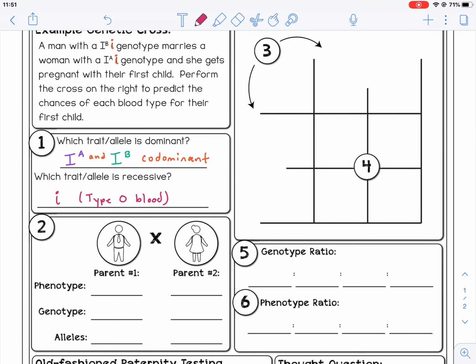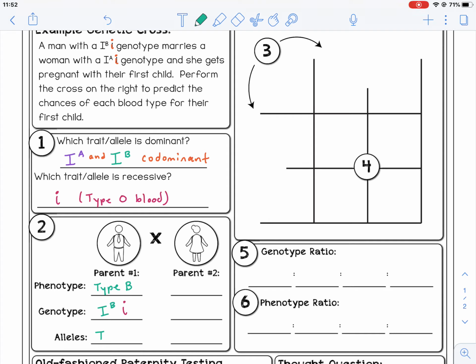Okay, so let's go back to the problem. It says that a man with IB little i genotype. So let's fill that in. He is IB little i. So if he's IB little i, and we know that IA and IB are codominant with one another, but that little i is recessive to both of them, that means that if this man has an IB and a little i, then his phenotype is that he is going to have type B blood.